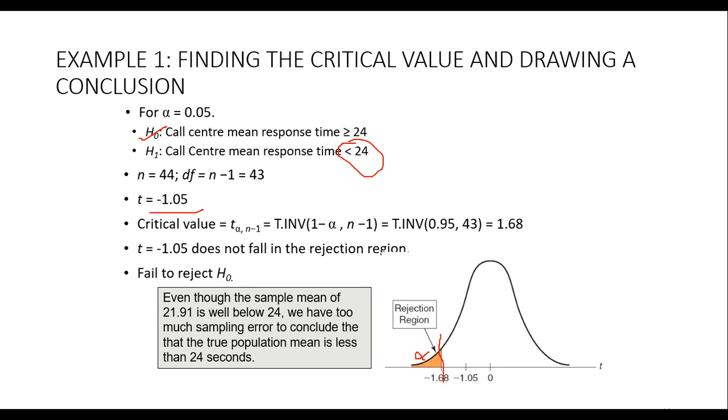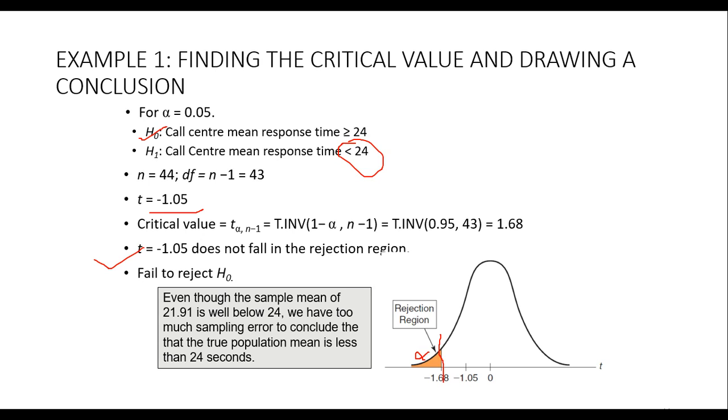So that means that of course it is less than 24, and we okay, so this is one we failed to reject at 0, that our response time is more than 24.